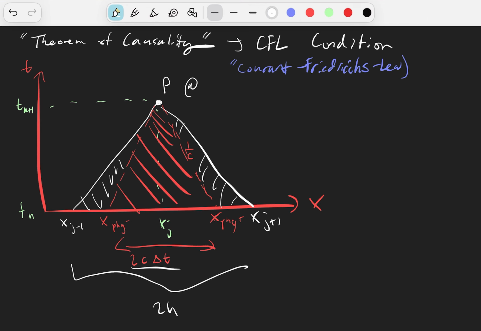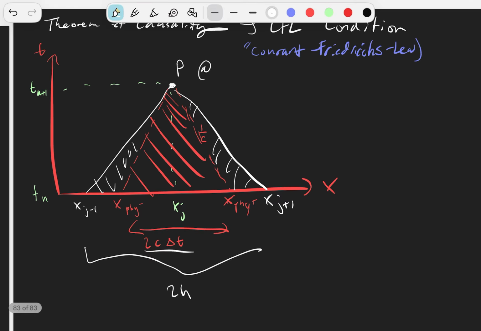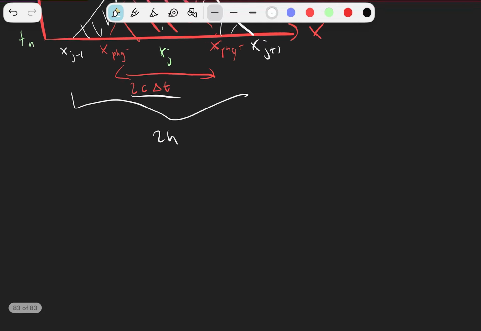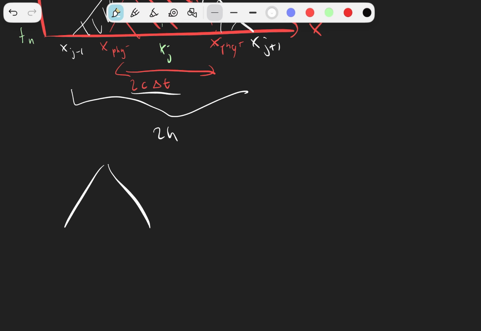So this is good because this looks ideal, right? Like this looks like we can actually do something with this, because the logic is that the point we're trying to describe, or the physics realm, is contained within the domain, right?